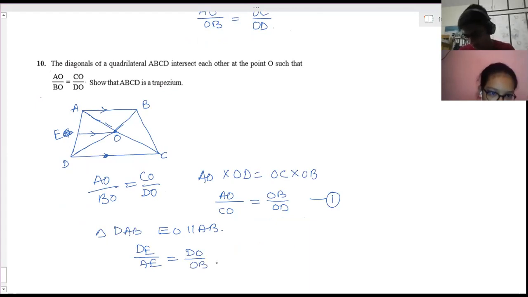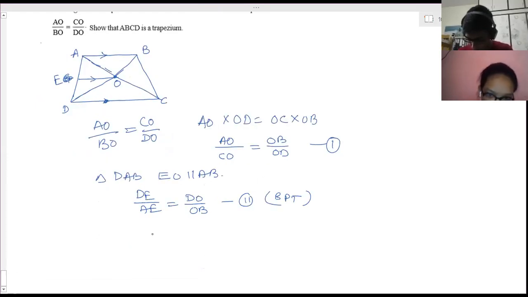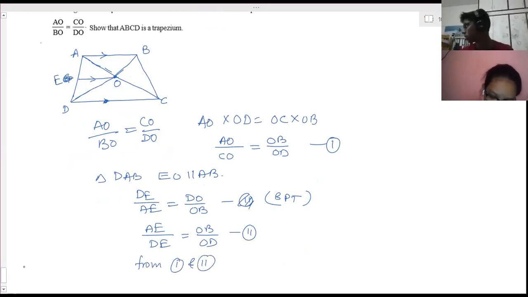I took the reciprocal of that, and then AE by ED equals BO by DO. That's equation two. So from the first and second equation, AO by CO equals AE by ED.